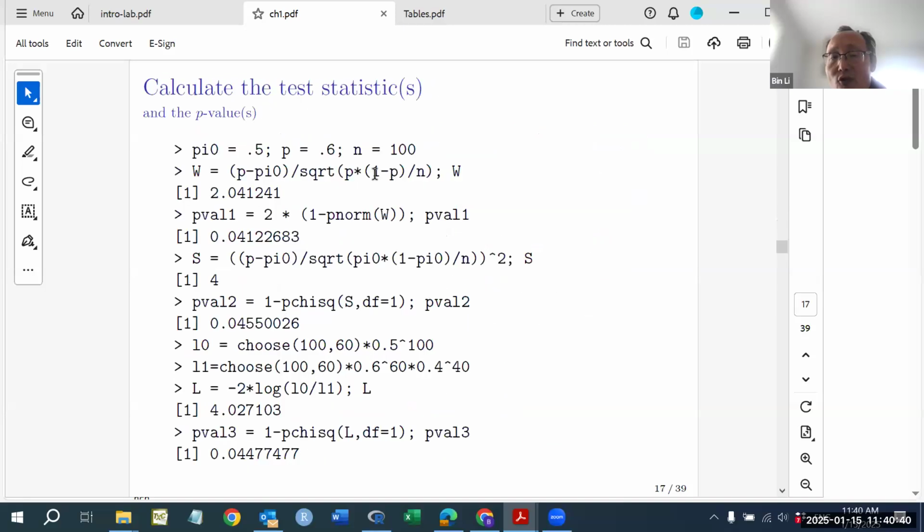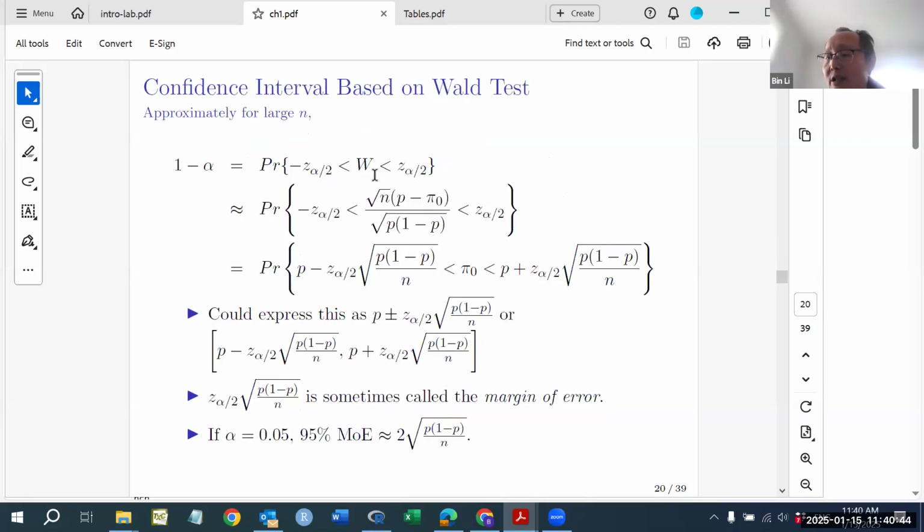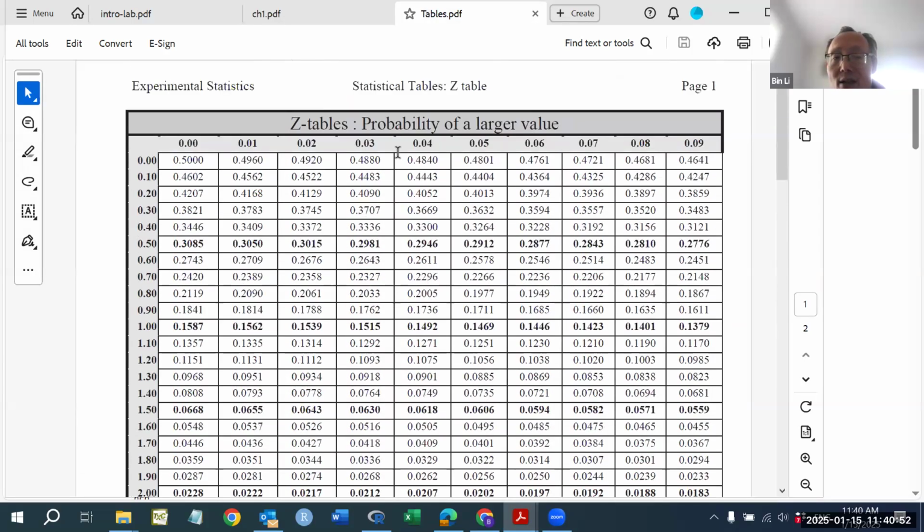So to do it from here, what is the region that we fail to reject the null hypothesis using the Wald test? We go to the Z table, okay? So to fail to reject the null hypothesis, standard normal, right? So here the alpha is 0.05. Remember these are two-sided.